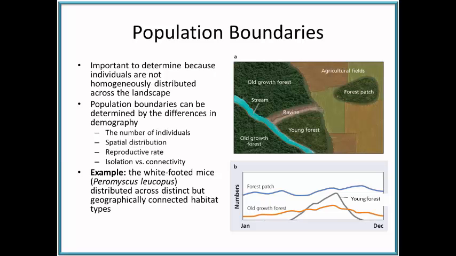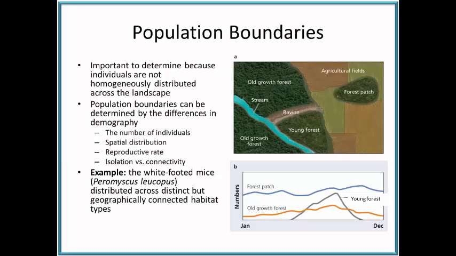For example, in this photograph and the accompanying graph, we see a white-footed mouse population found in old growth forest, in young forest, and in the forest patch.